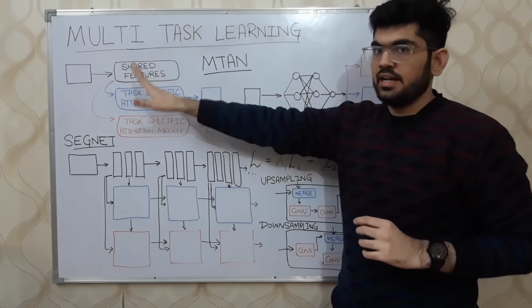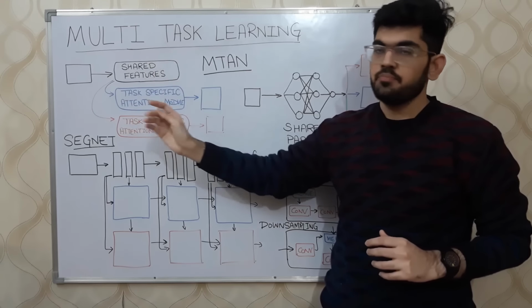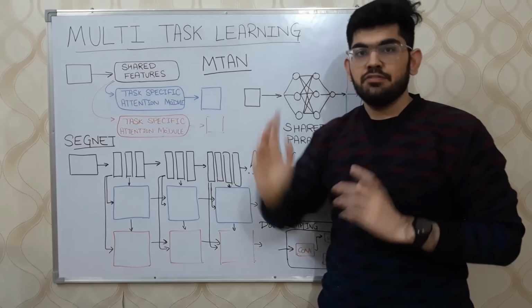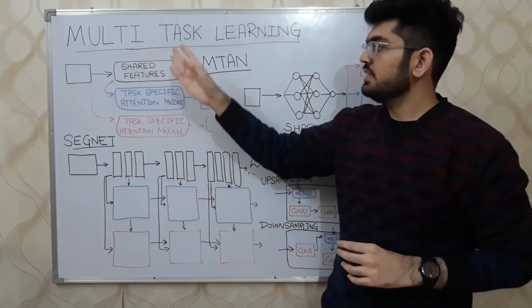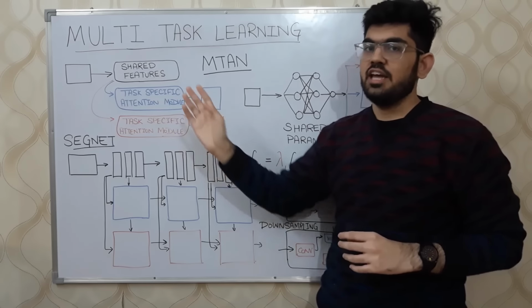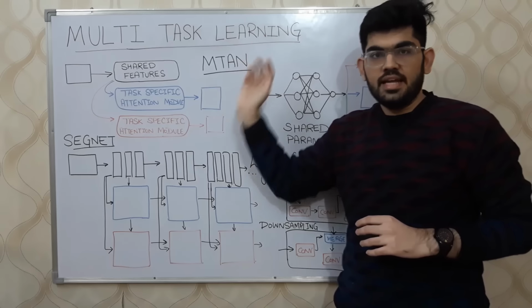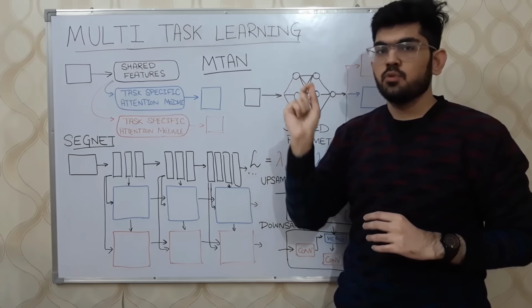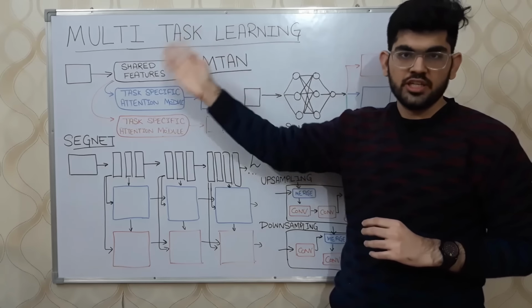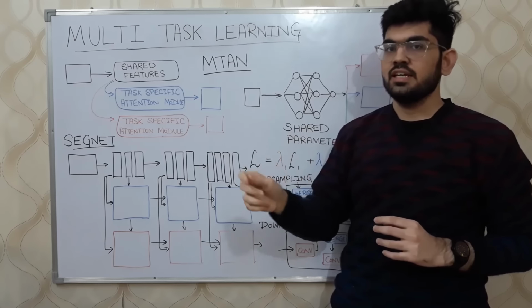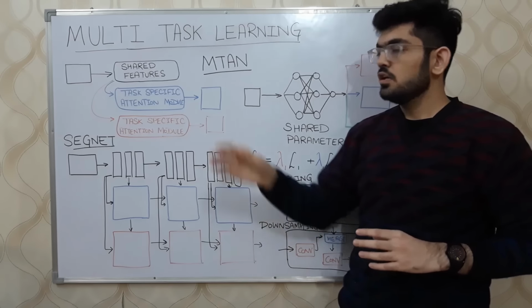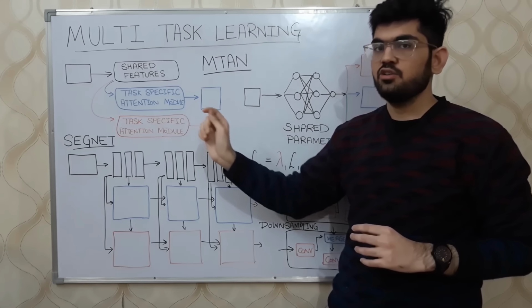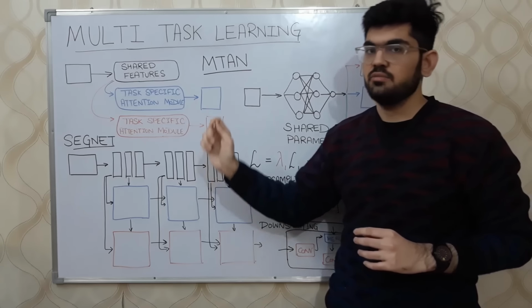And this is the architecture that MTAN follows. Given an input image, the first step we do is calculate the shared features of that given input image. Then we have task-specific modules that use those shared features to solve their given task. For n number of tasks, we are going to have n specific attention modules.